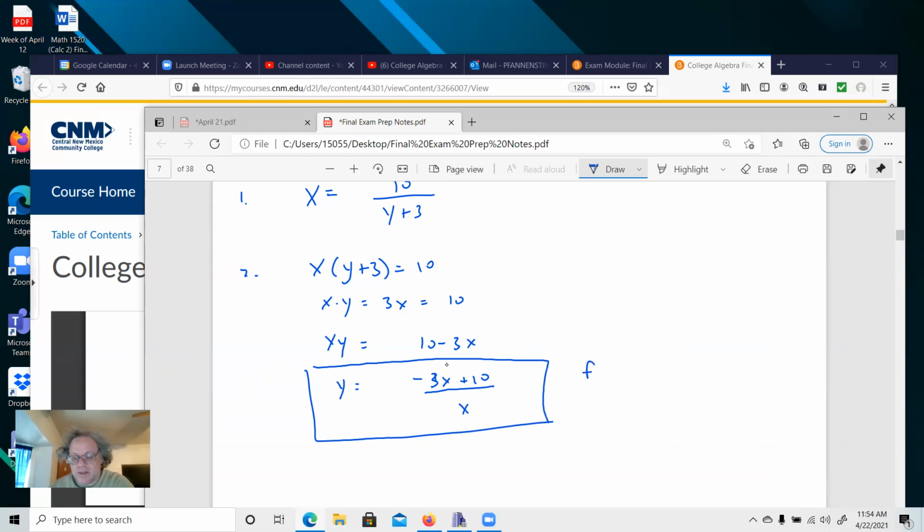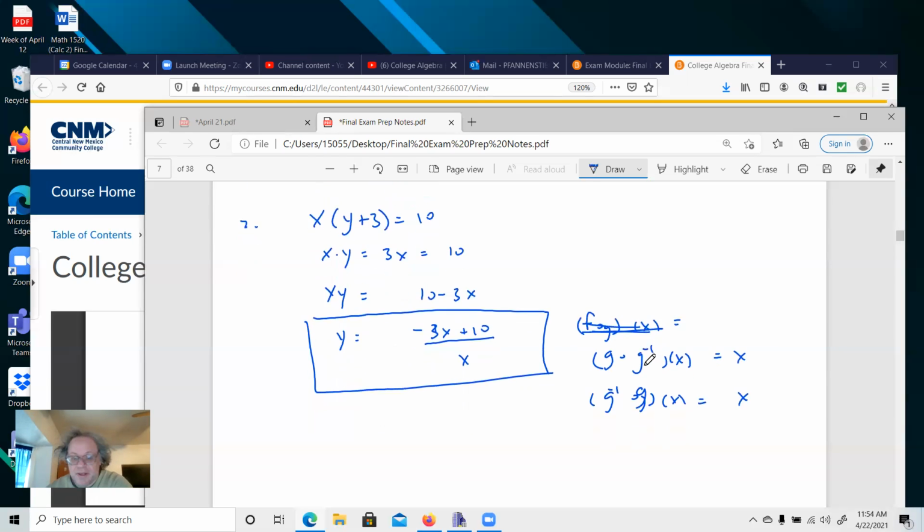Now we could check this by doing the function composition. Actually, we'll put it this way: we'll say g composed with g inverse, what I'm calling g inverse, to make sure that equals x, and vice versa. I didn't ask you to do that, but you might get a teacher that does. So we'd have to go through and check that.